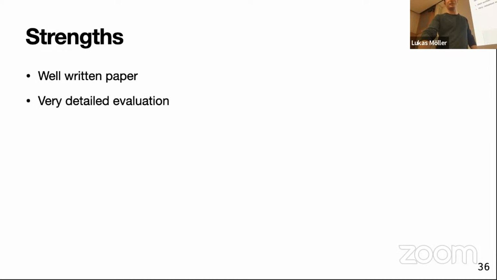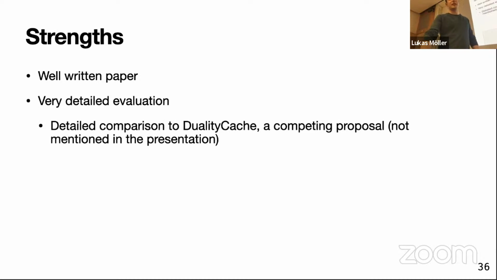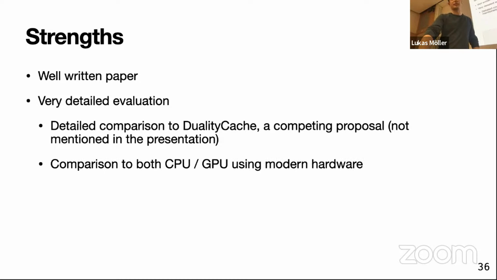First of all, as a strength, I see that this is a very well-written paper. I can only recommend it. It's a good read, and the evaluation especially is very detailed. They have a detailed comparison to Duality Cache, which is a competing proposal which doesn't do processing using memory in DRAM, but instead does processing using cache. That comparison was very interesting.